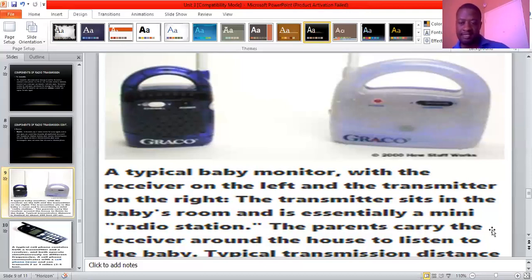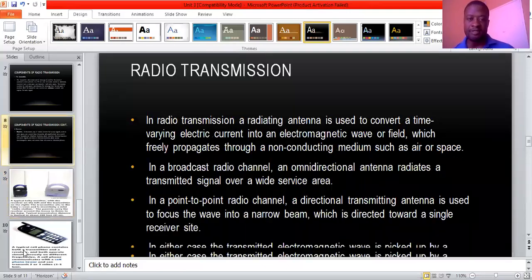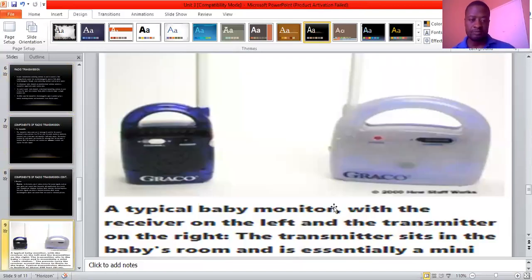So the baby sits with the transmitter, and the parent has the receiver. The mother is guiding her child, whatever he's doing. The transmitter will transmit the signals depending on what the child may be saying.